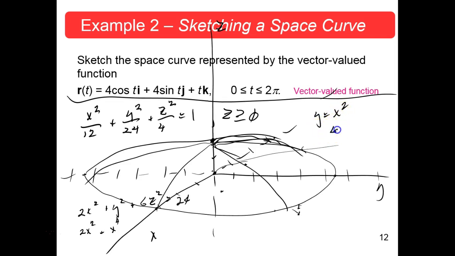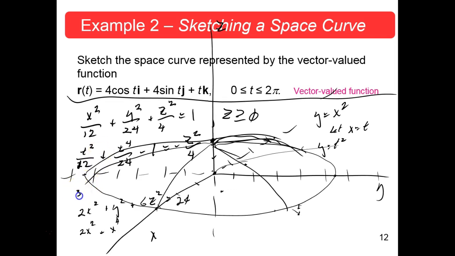Let x equal t, so y is equal to t squared, and then from here you would get t squared over 12 plus t to the fourth over 24 minus 1 is equal to minus z squared over 4. Okay, and then multiply everything by 4.